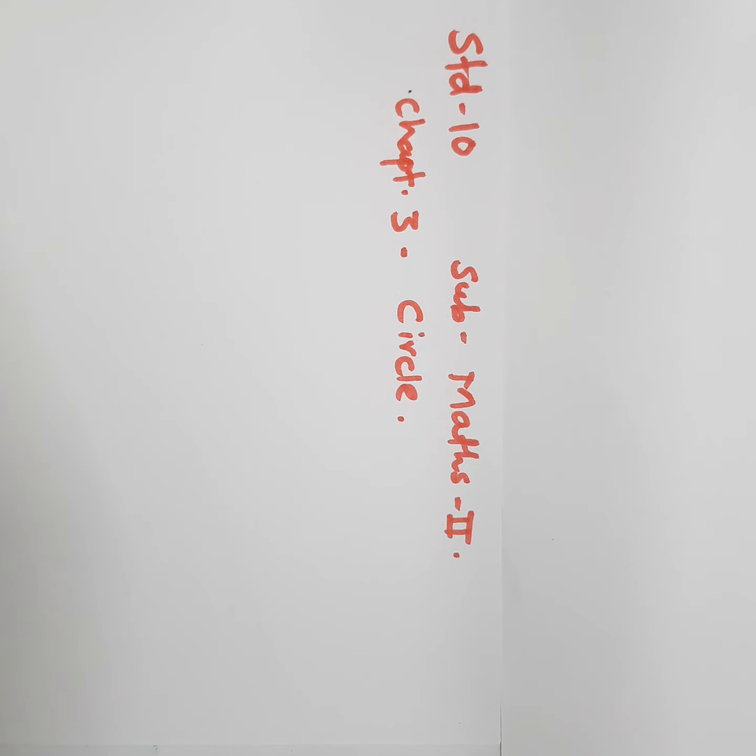Hello students, in the last lecture we learned about the inscribed angle theorem and its corollaries. The inscribed angle theorem: the measure of an inscribed angle is equal to half of the measure of the arc intercepted by it.